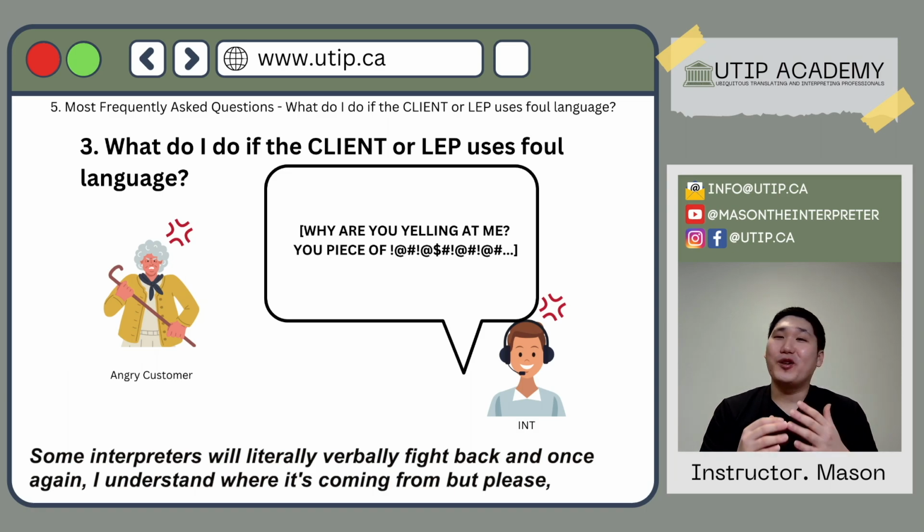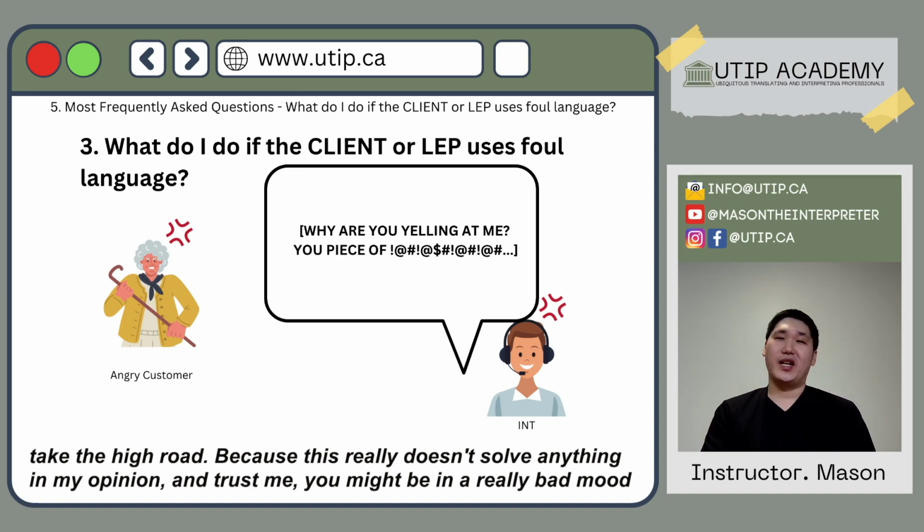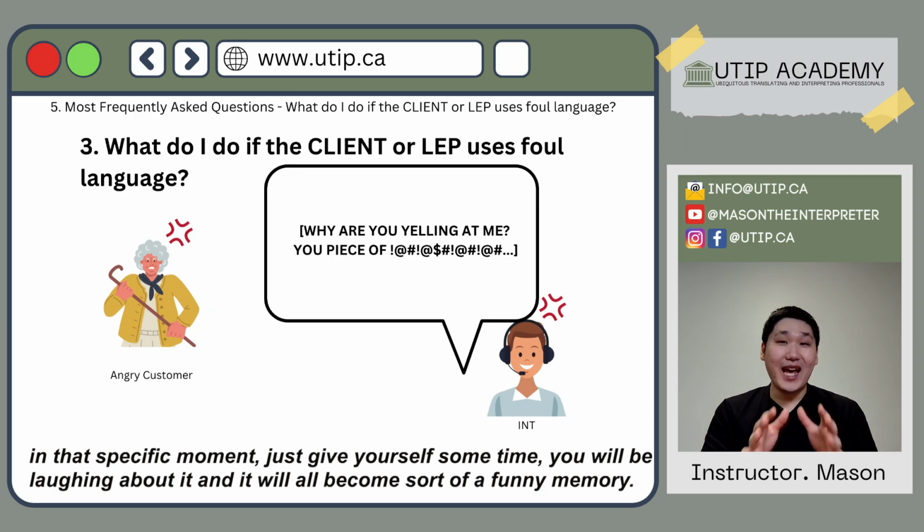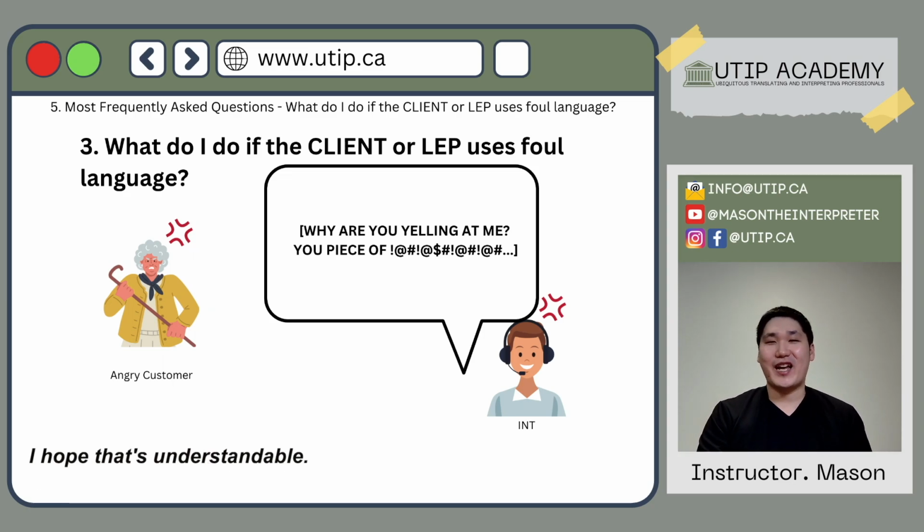Some interpreters will literally, verbally fight back, and once again, I understand where it's coming from, but please take the high road, because this really doesn't solve anything in my opinion, and trust me, you might be in a really bad mood in that specific moment. Just give yourself some time, and you will be laughing about it, and it will all become sort of a funny memory. I hope that's understandable.